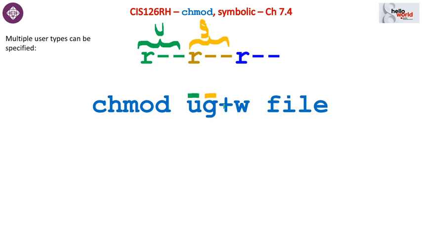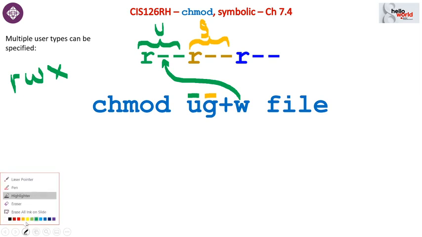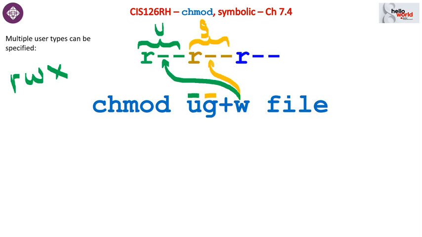This means to turn on W. Remember, it's RWX three times over. RWX, RWX, RWX. So that means we are going to turn on that W, and it also means that we are going to turn on that W. So what I expect output is going to be RW dash RW dash R dash dash.